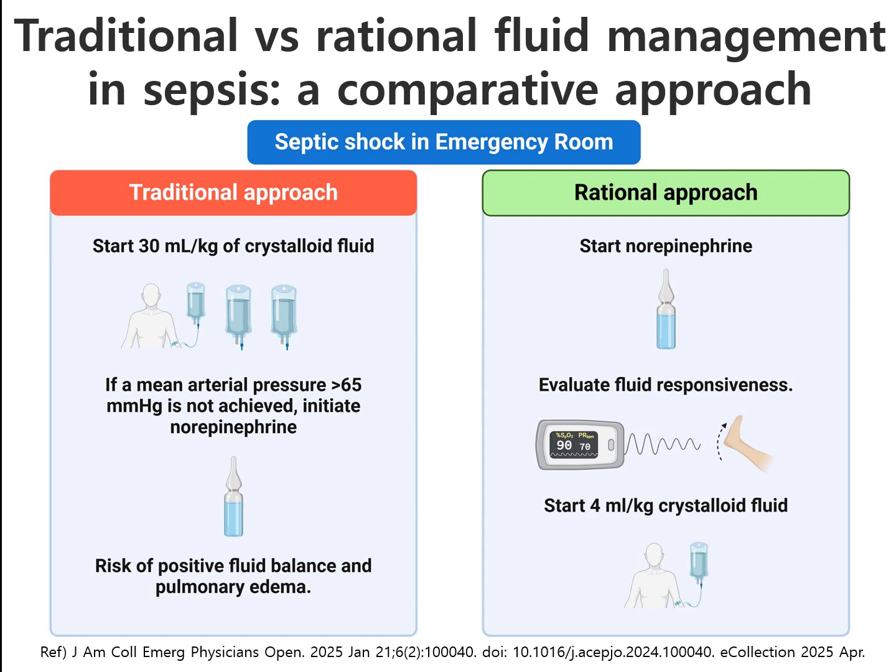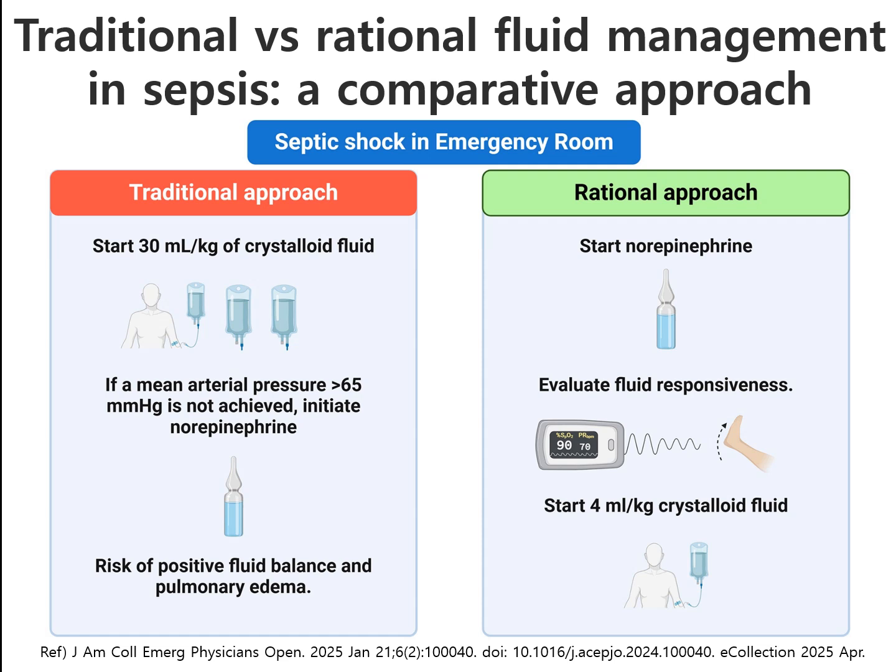The traditional approach is to first administer a lot of fluids, including a bolus of about 2 liters, and then start norepinephrine if the BP doesn't improve. Therefore, the traditional approach often leads to a positive fluid balance and complications such as pulmonary edema.